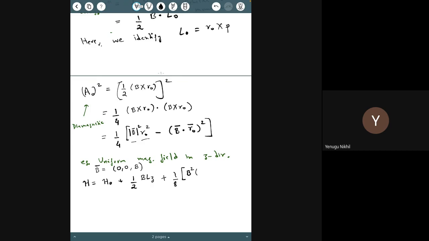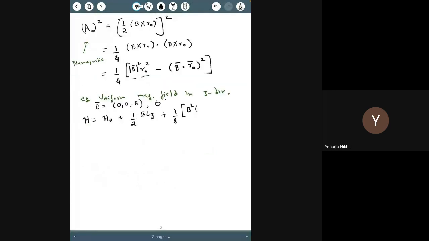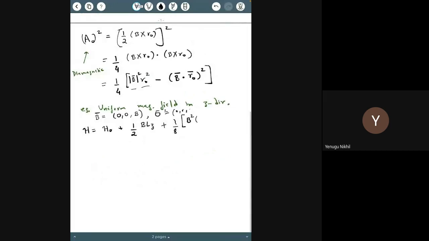So okay, and I'm also setting the gauge origin as 0, 0, 0 for simplicity. This is B square, so x square plus y square plus z square. And then I have minus B dot R0. So B dot R0 square.